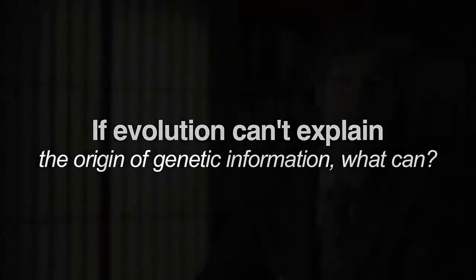As it's become clear that the various evolutionary mechanisms do not account for the origin of genetic information, naturally people have wondered, well, what might? And we've proposed an alternative explanation, and that is the idea of intelligent design. The reason that intelligent design provides a good scientific explanation for the origin of the new information necessary to build new proteins and new forms of animal life is that we know from our experience that information always arises from an intelligent source.